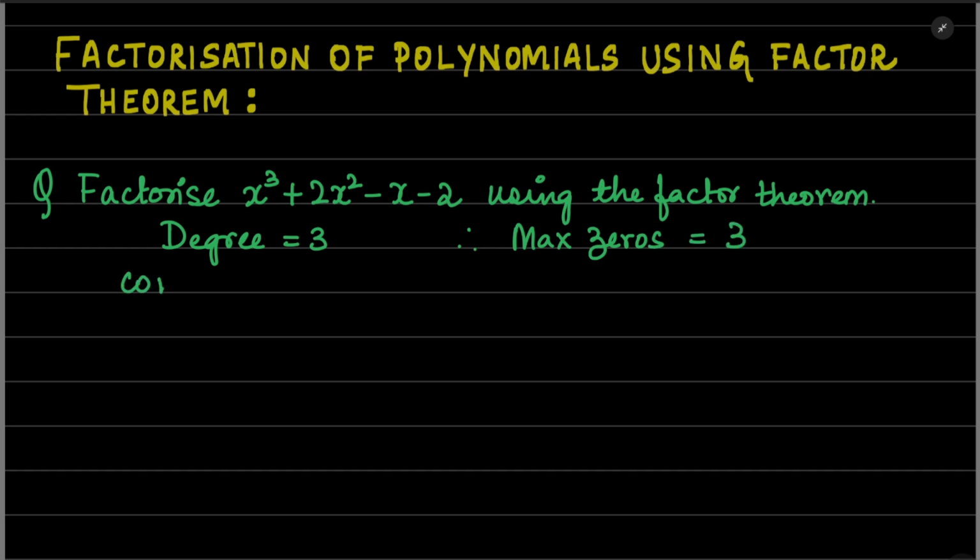What is the constant term here? The constant term of this polynomial is 2. And what would be the factors of 2? That is what you have to find out. Factors of 2 will be 1, minus 1, 2 and minus 2.